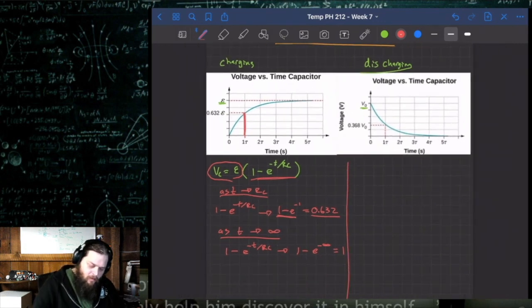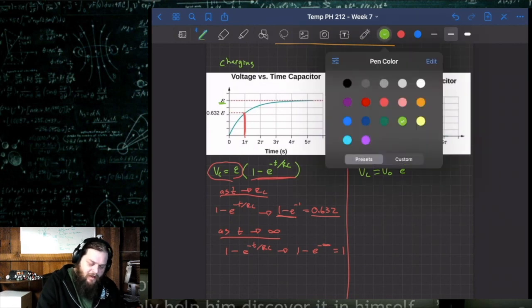Similarly, when it's discharging, the equation there is going to have that exponential decay going down. So it loses that 1 minus, similar to how the charge was. The voltage on the capacitor is going to equal the original voltage times e to the negative t over RC.